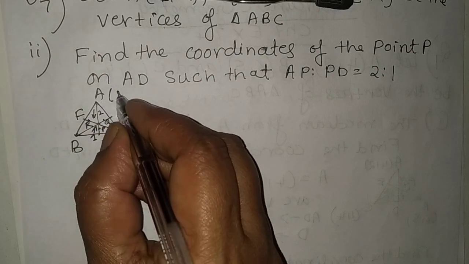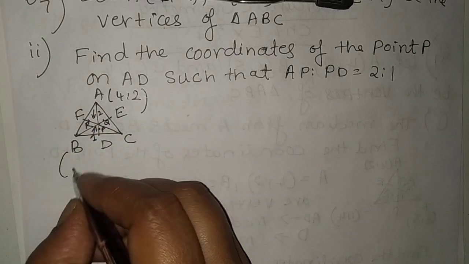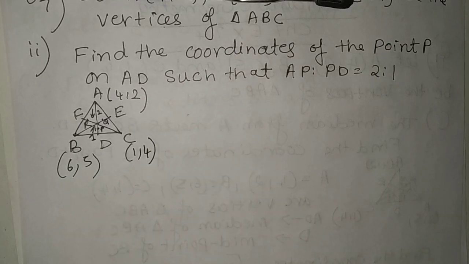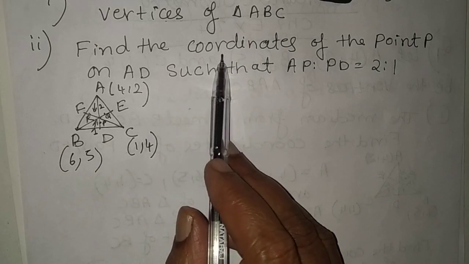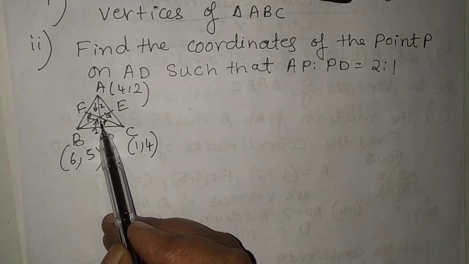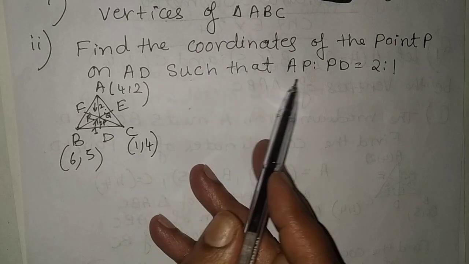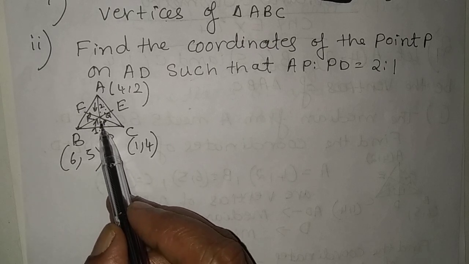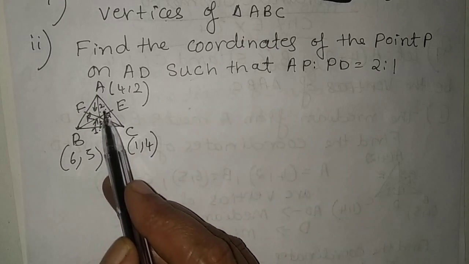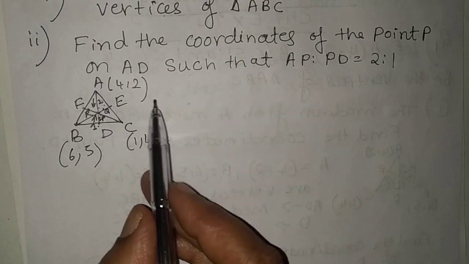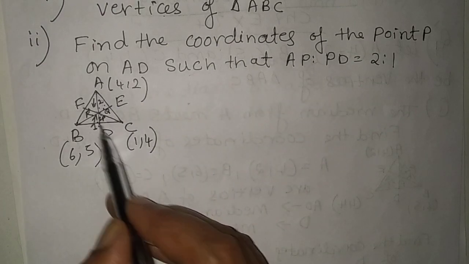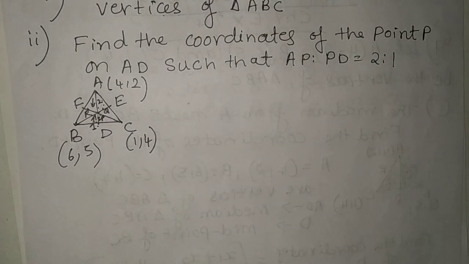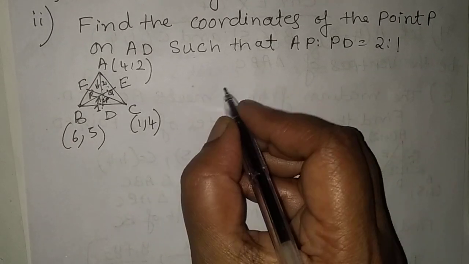Then the vertices (4, 2), (6, 5) and (1, 4). So now we have to find the coordinates of the point P, that is this one, on AD, such that AP is given as 2 and PD as 1. This is given here, so the ratio is written here. Coordinates of point P on AD, then the ratio AP is to PD is 2 is to 1.